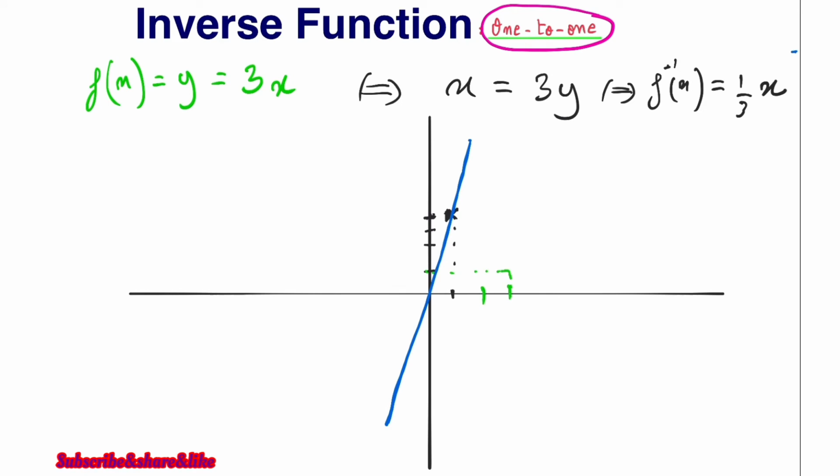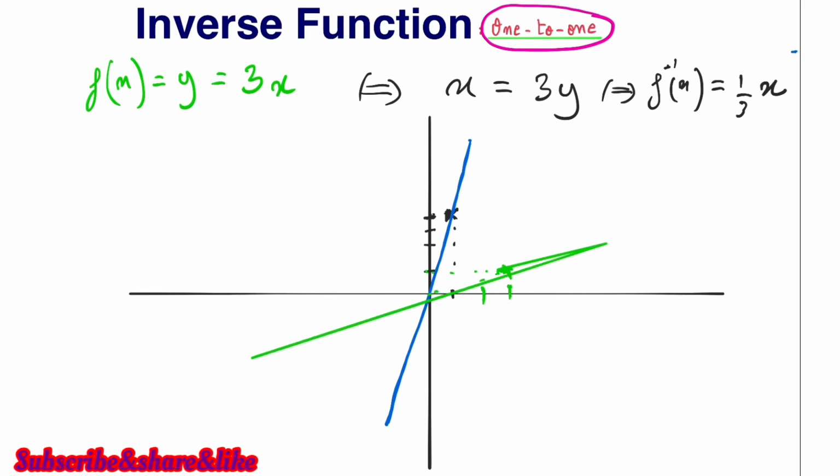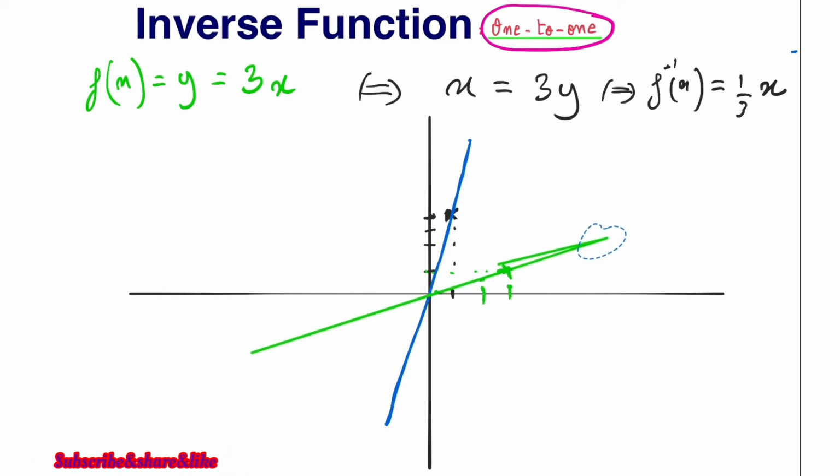So we'll pass by this point here and by 0. When x equals 0 it is going to give us 0. So it will be from here as well. Let's write it down with a different color. So it's going to be this line here.